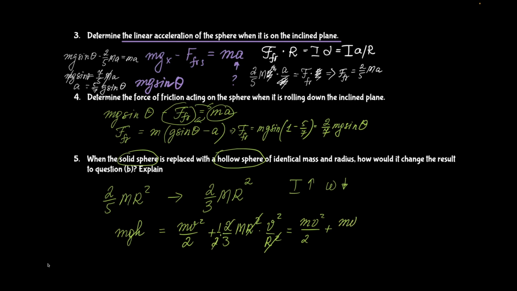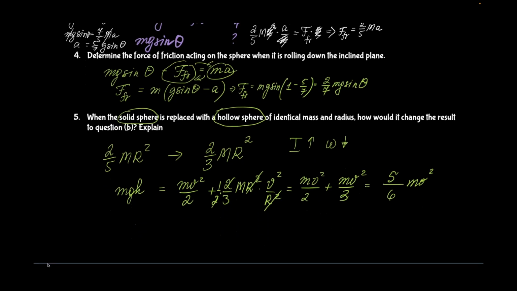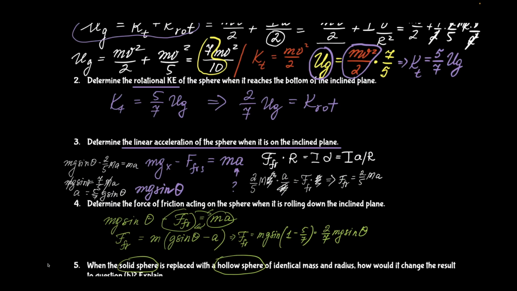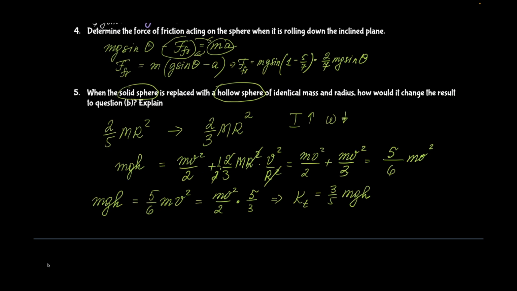Plus MV squared over 3, which with common denominator being 6 is 5/6 of mv squared. Now look what happens. MGH is equal to 5/6 mv squared, which is mv squared over 2 times 5/3. So new kinetic translational energy is now 3/5 of mgh. Before it was 5/7, and now it's 3/5.